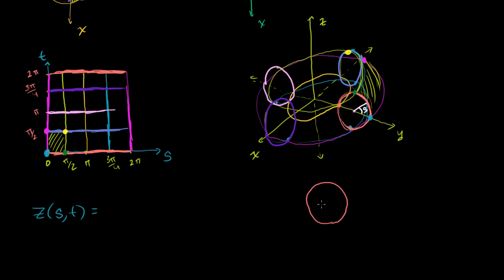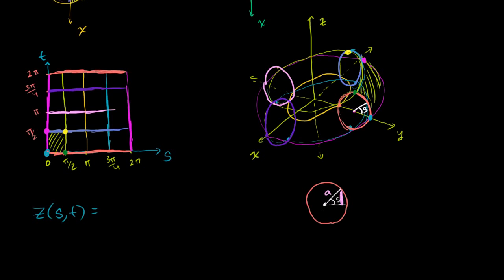just like that, we can do a little bit of trigonometry. The angle is S. We know the radius is A, the radius of our circle. We defined that. So the Z is just going to be the distance above the XY plane. It's going to be this distance right there. That's straightforward trigonometry.